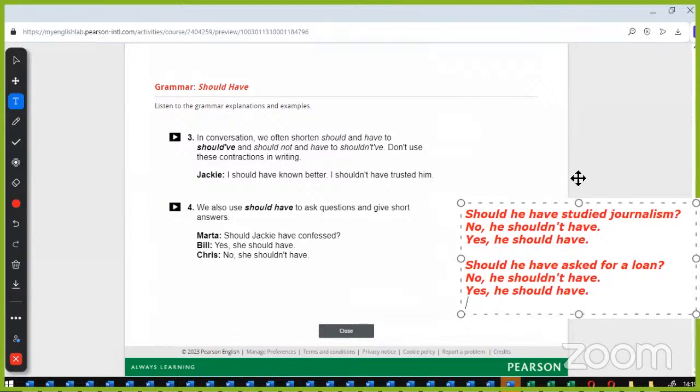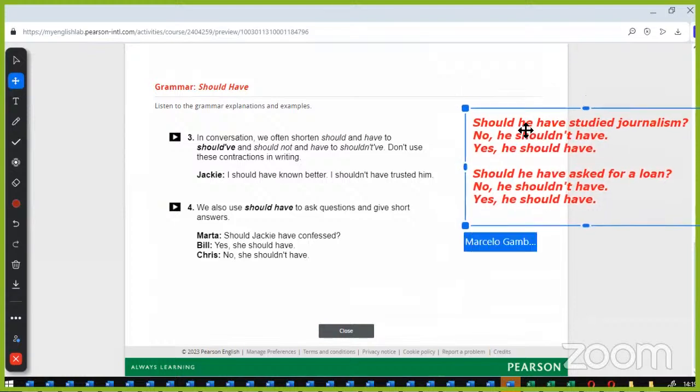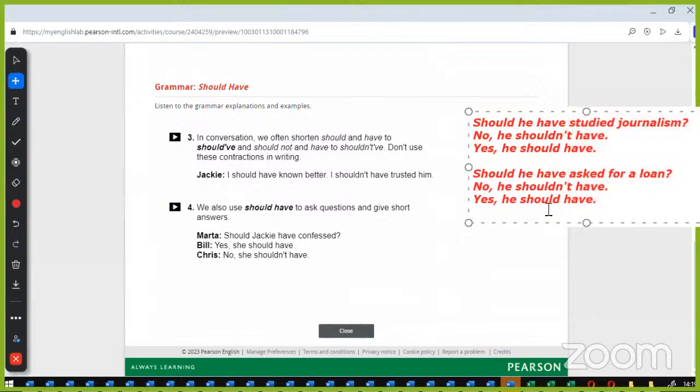Okay, any question until now? So in the short answers, it's wrong to use the contraction. Like in writing? No, in speaking it's not wrong. But as I say, you don't hear this too often.